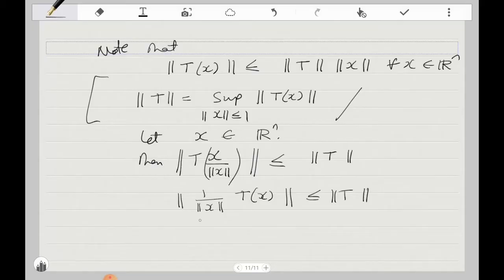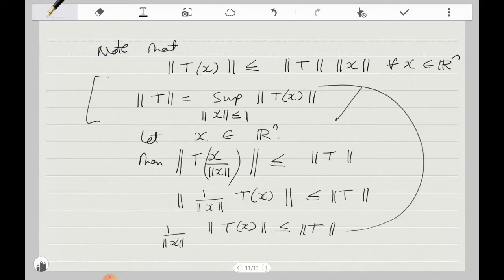So I can write the left hand side as 1 over norm x times norm Tx less than or equal to norm T, and that immediately implies what we wanted. I just bring norm x to the right hand side.